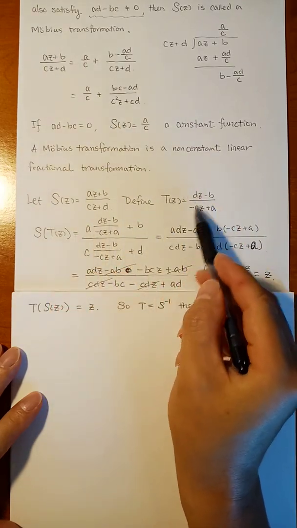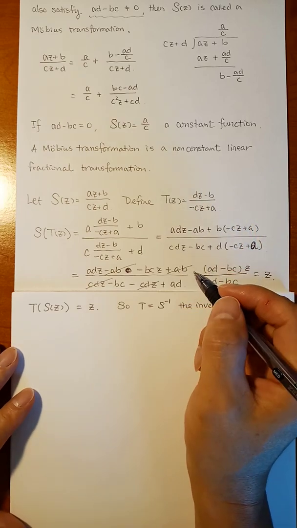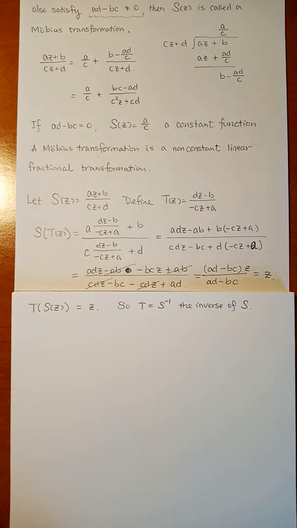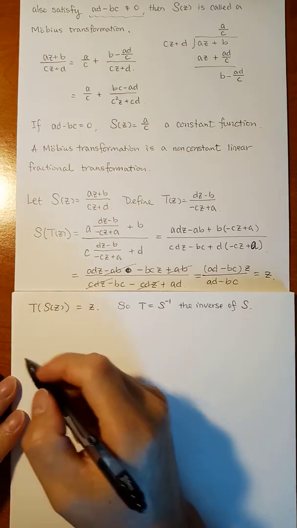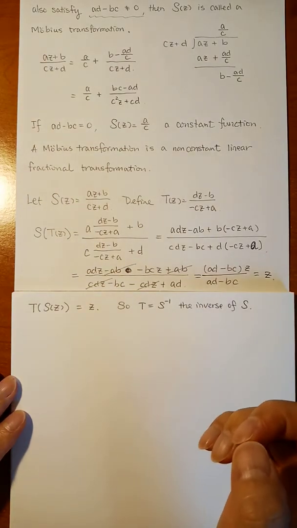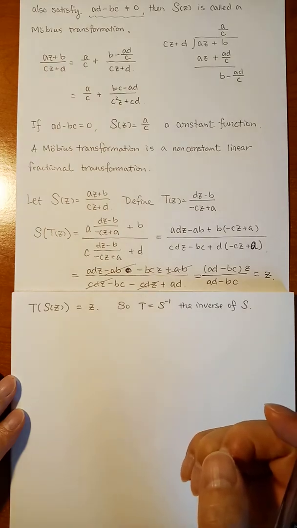Exchange a and d, and change the signs of b and c to be negative. This is the inverse, and the inverse is with respect to mapping composition.